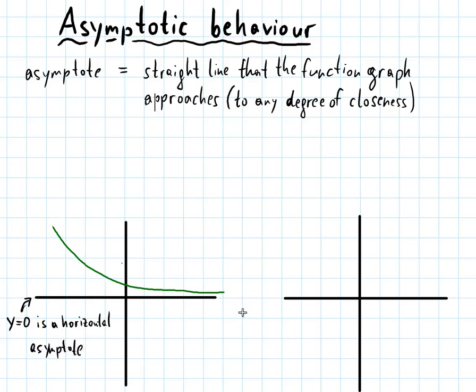Some functions also have vertical asymptotes. Let's draw one. Let's draw the power function with power -1 again. So the inverse variation looks like this. It has actually two asymptotes. It has a horizontal asymptote. The x-axis is a horizontal asymptote.